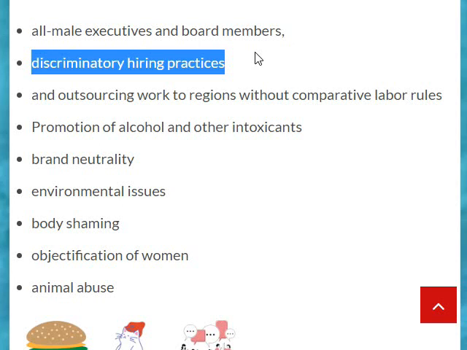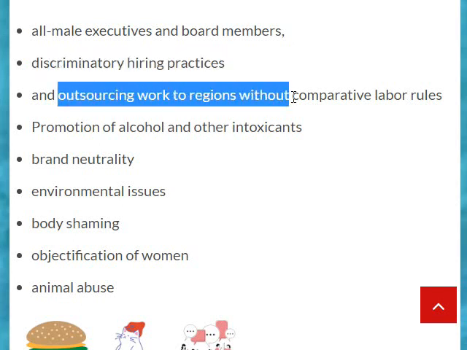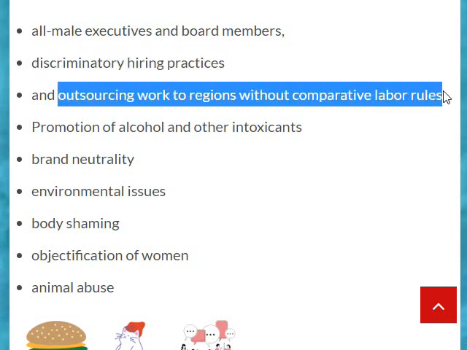These practices might not go down well with the community. Also, outsourcing work to certain regions is slowly getting a lot of critical views from the community.